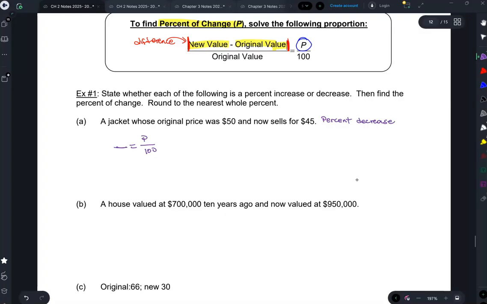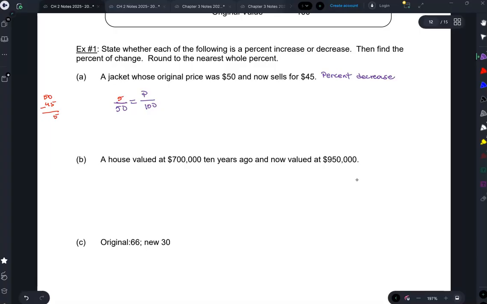Here, I'm going to write the difference. The difference between the two is 50 and 45, right? So that's a difference of 5 over the original, which is how much? 50. And so that's my proportion. I like P because it's like percent, right? So it reminds us what it is.